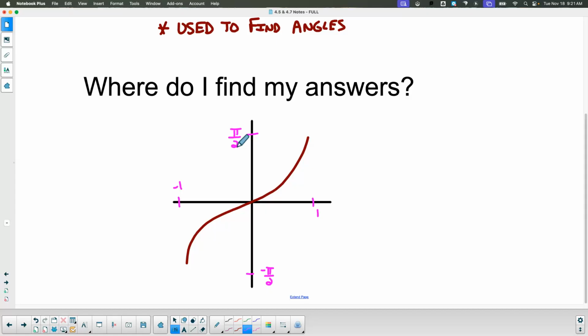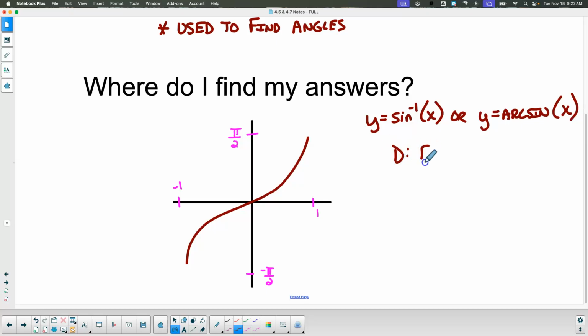So the inverse sine, or the arc sine, y equals inverse sine of x, or y equals arc sine of x, still would have a domain here of -1 to +1.